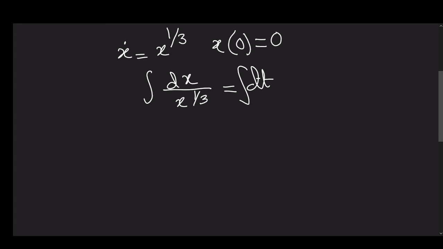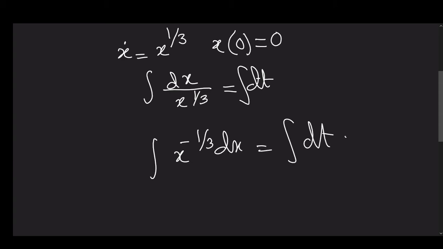One side can be written as x to the power minus 1/3 dx, and the other side dt. If you solve it, it will give you x to the power 2/3 divided by 2/3 equals t plus c1.